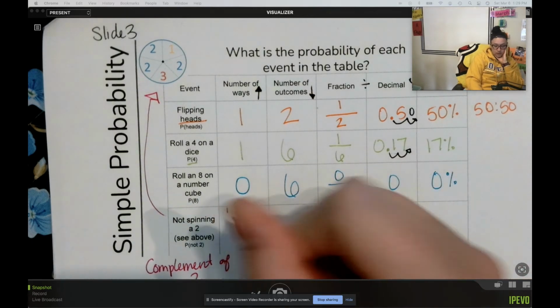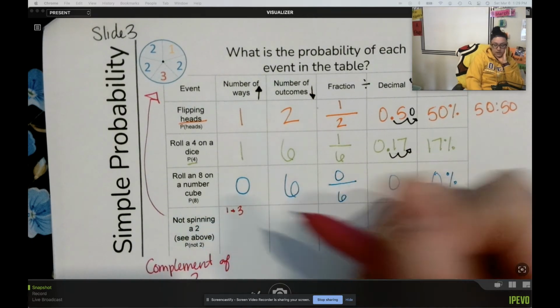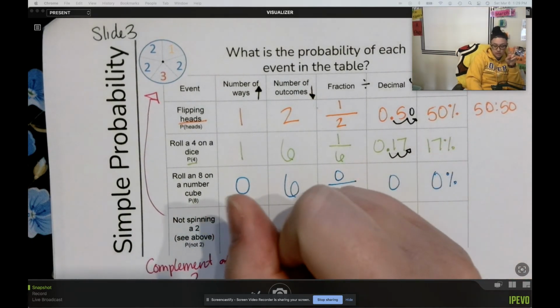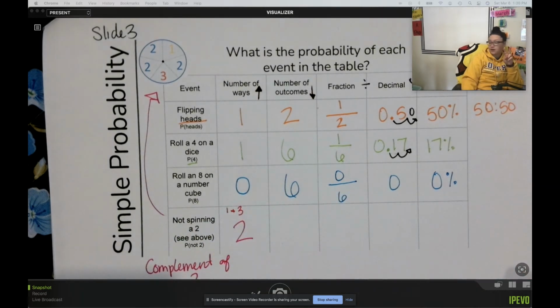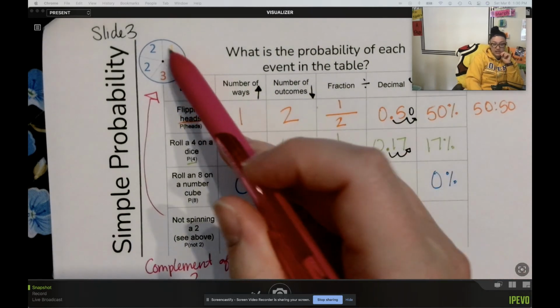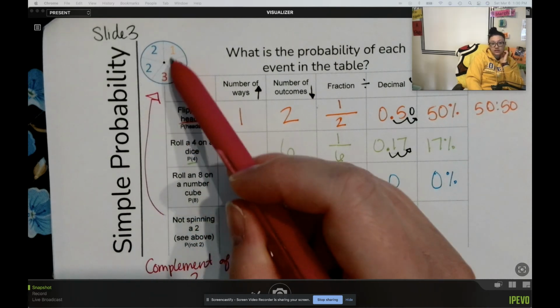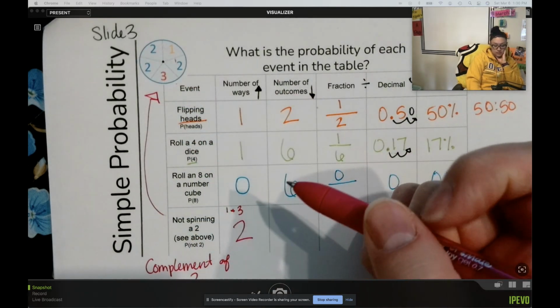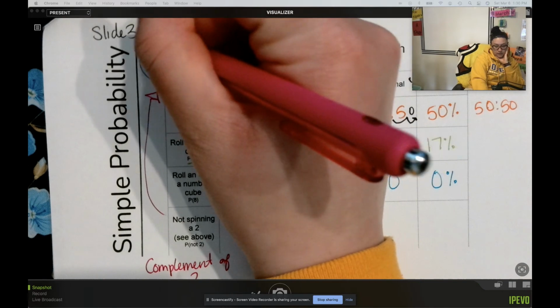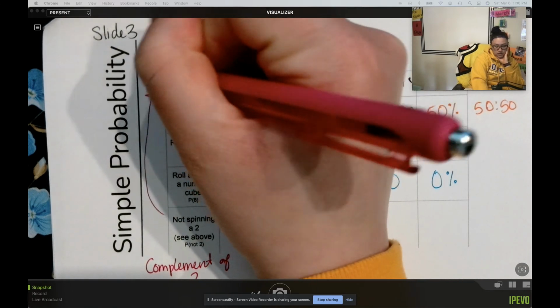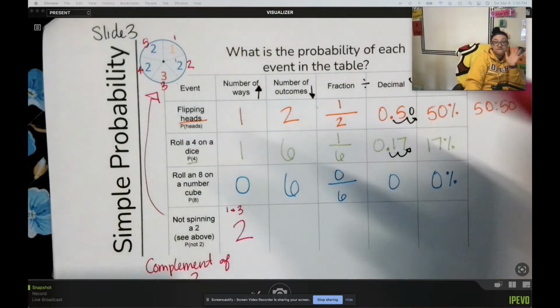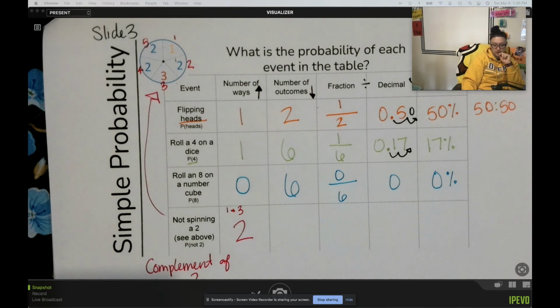We have 1 and we have 3. So there are 2 numbers that we can spin that are not the number 2. Out of how many total outcomes, how many total numbers are on this spinner? We have 1, 2, 3, 4, 5 total numbers on that spinner.